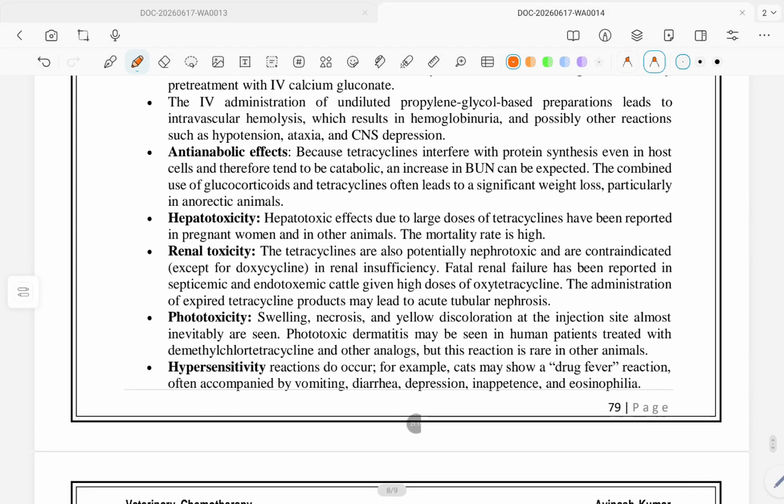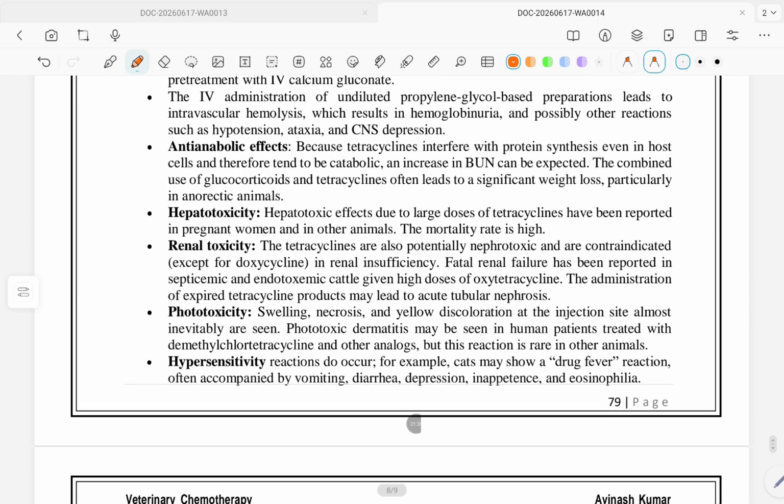Because tetracyclines interfere with protein synthesis even in host cells and therefore tend to be catabolic, an increase in BUN can be expected. The combined use of glucocorticoid and tetracycline often leads to significant weight loss, particularly in anorectic animals.